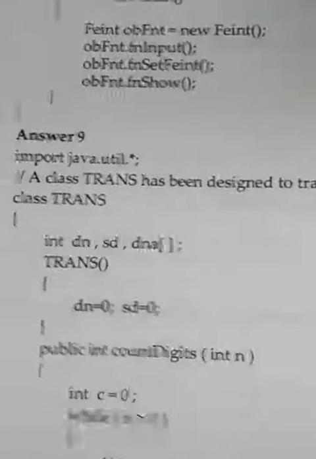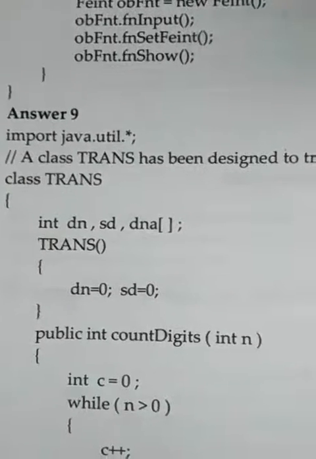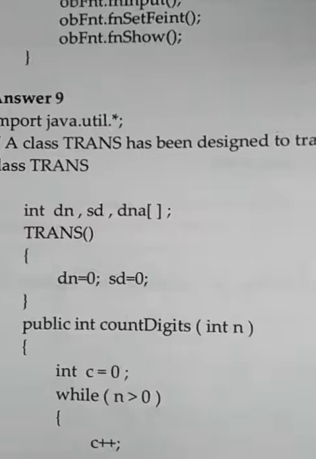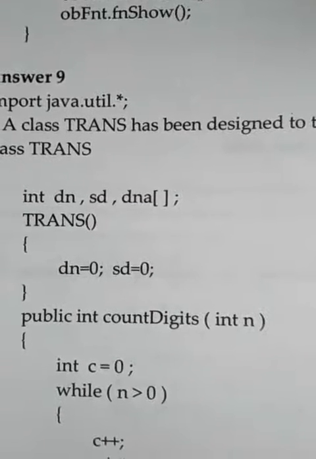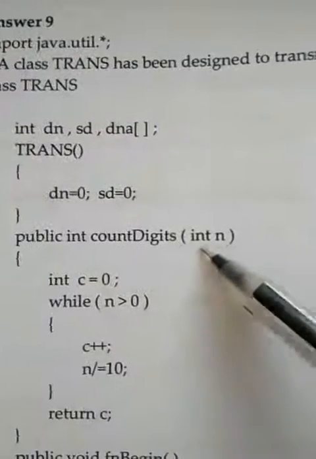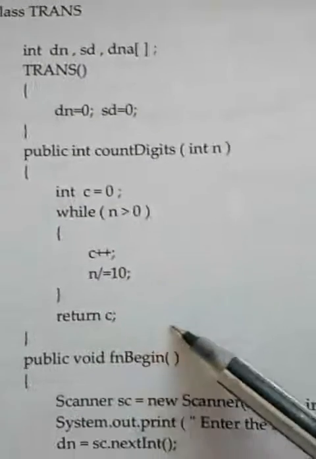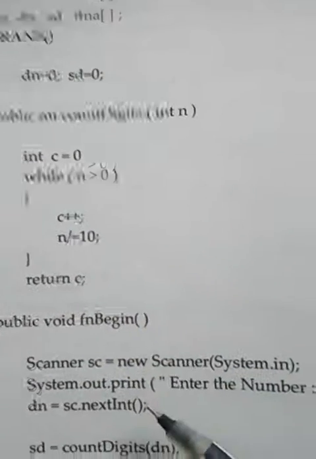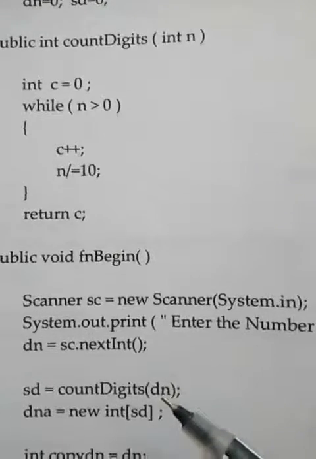Now here is the solution. Import java.util.*. Class Trans: integer dn, sd, and dna is an array type. In dn and sd we are initializing 0. Integer countDigit counts the value we pass in this, so this will count the total number of digits. fn is for inputting the value, so input the number for dn and sd.